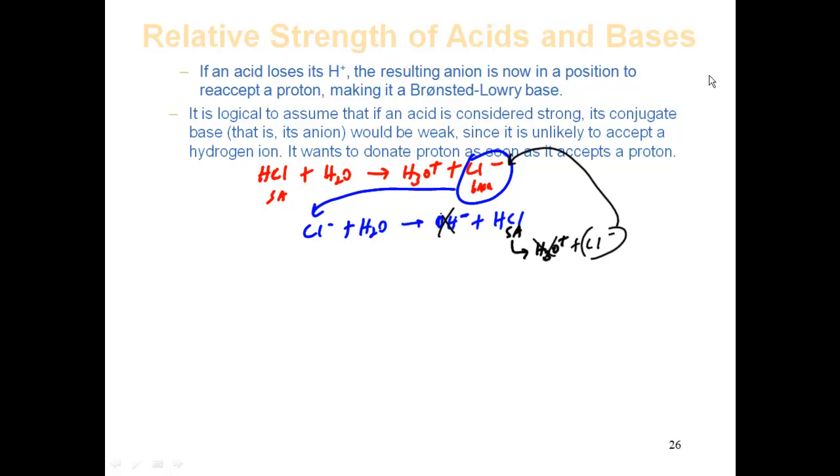So in essence, what we're saying here is that the conjugate base has no affinity for that proton. Basically, we're going to be back to where we started. So it's an extremely weak base, so extreme that it's not even going to show any appreciable attraction for that proton. So if we have a strong acid, its conjugate base is extremely, extremely weak, almost non-existent.